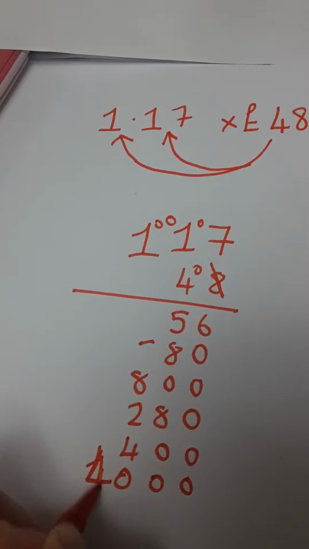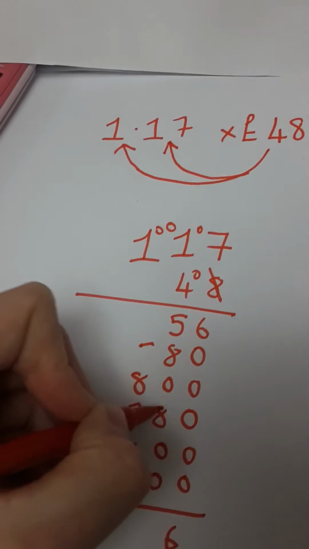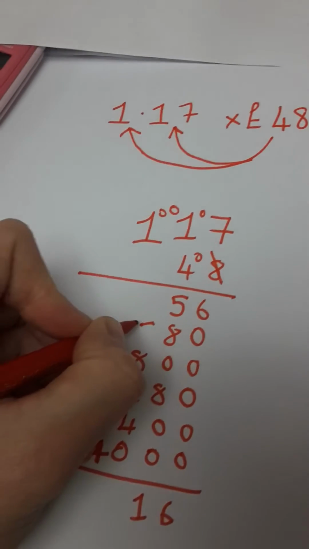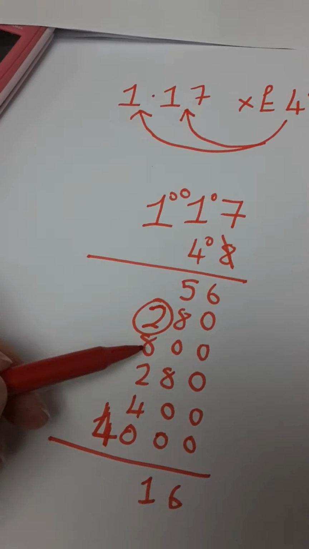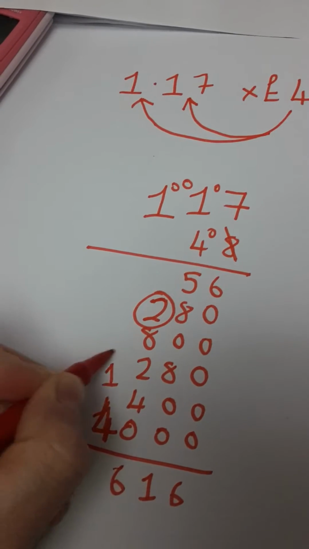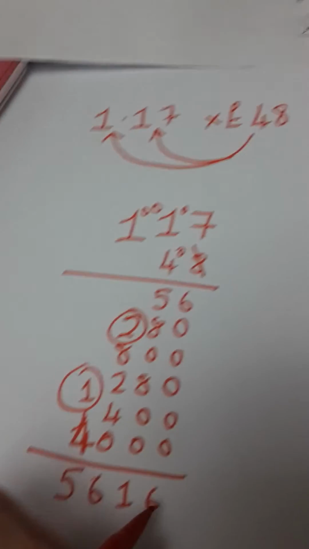Oops, that should be a 4. Let's add them up. That's worth 6. 8 plus 8 is 16. Plus 5 is 21. So I'm going to carry a 2. Put a circle around it. 2 plus 8 is 10. Plus 6 is 16. Carry the 1. So 5, 6, 1, 6.